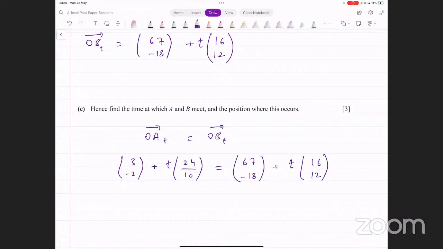So these two vectors are supposed to be equal to each other.